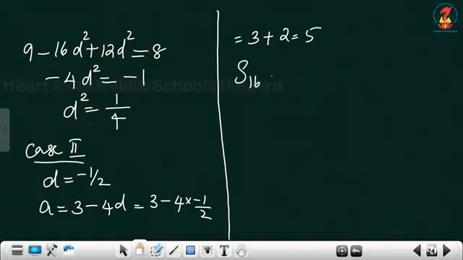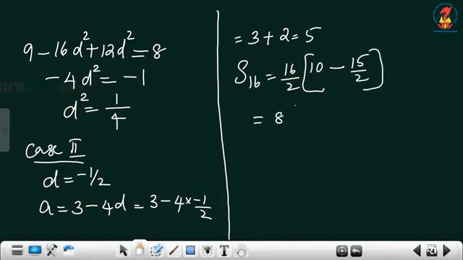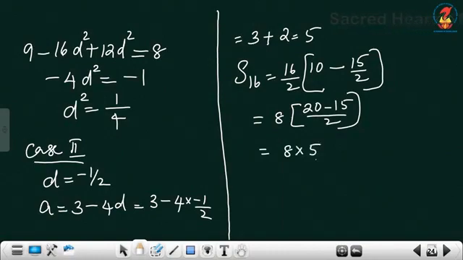So, S16 is equal to 16 by 2 into 10 minus 15 by 2, which is equal to 8 into 20 minus 15 by 2, which is equal to 8 into 5 by 2, which is equal to 4 into 5, 20.